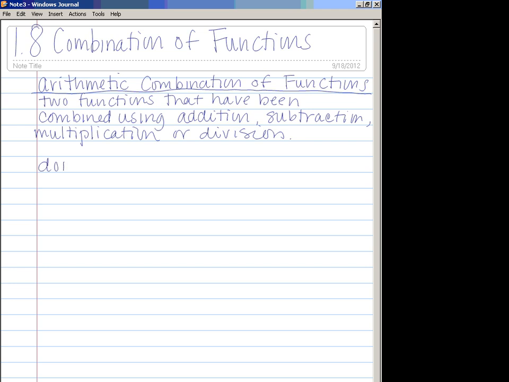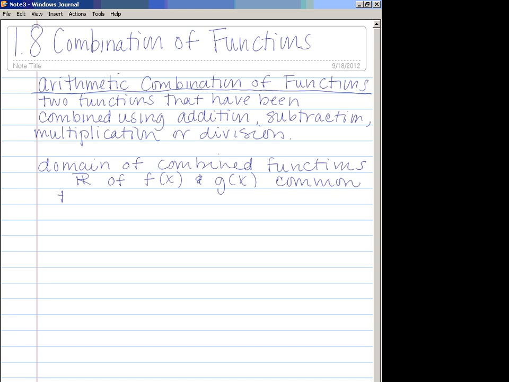Something else we also want to look at is the domain of our combined functions. The domain is going to be all real numbers of f and g, f of x and g of x, that are common to the domains.